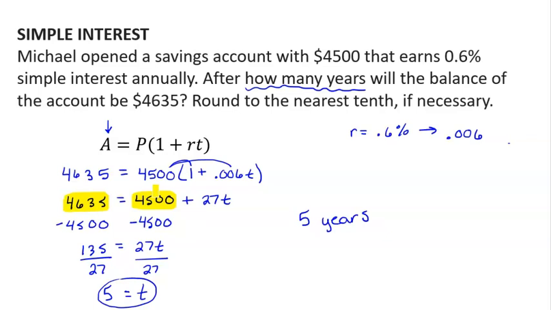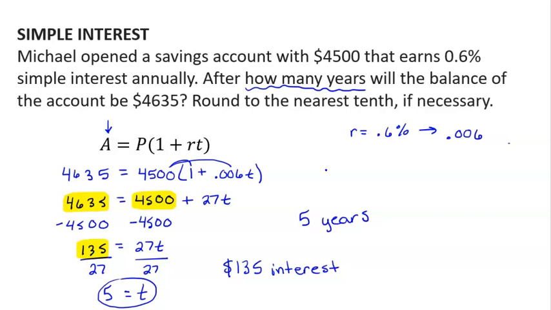And then when we subtracted that initial amount that we started out with, we ended up with 135. And what that means is that that was $135 of interest. So Michael in this case made $135 in interest.